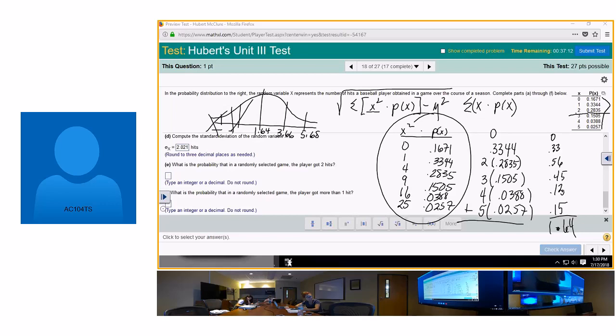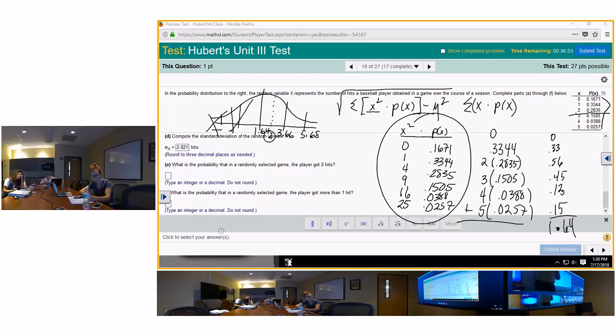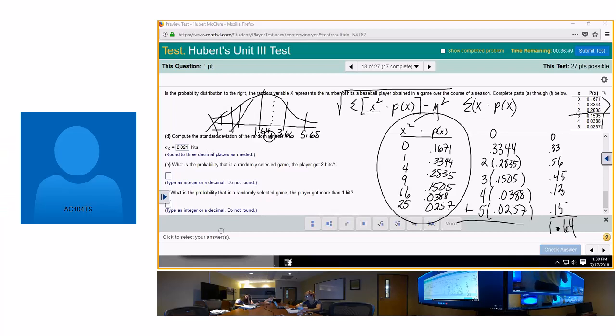Now, these 2 questions I really don't like, because you could ask, what is the probability that in a randomly selected game the player got 2 hits? Well, 2 hits would be right in here, and the answer would be 0.2835.